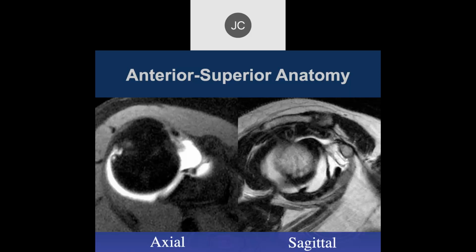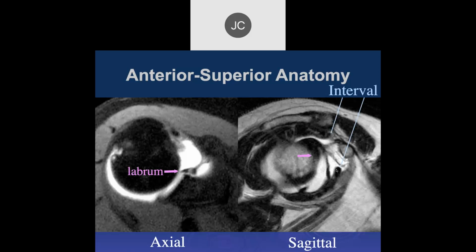And there's an interval in through here where you have no rotator cuff. You have the anterior margin of the supraspinatus, superior margin of the subscap, and then you have this gap, which is the rotator cuff interval that you're all familiar with. Posteriorly and superiorly, it's all continuous. So that's the interval there.